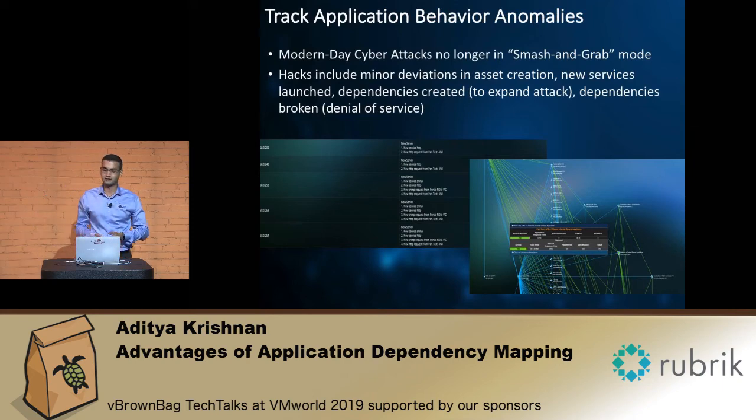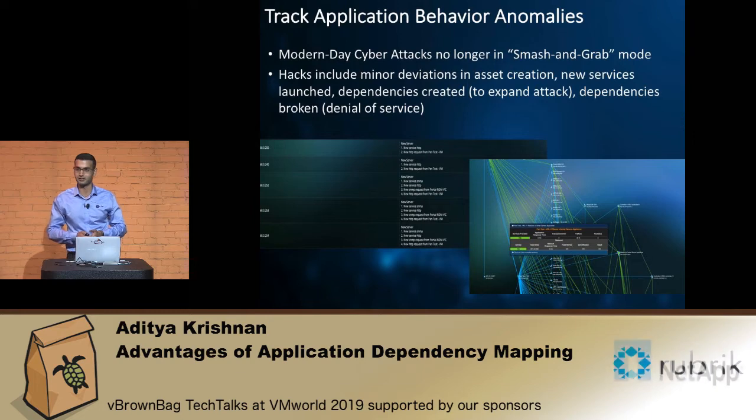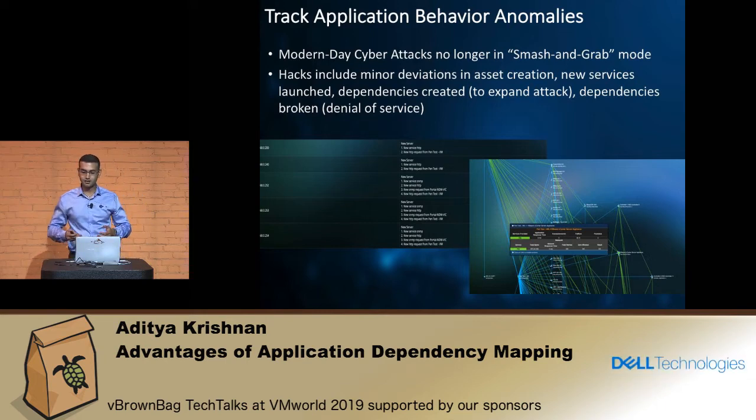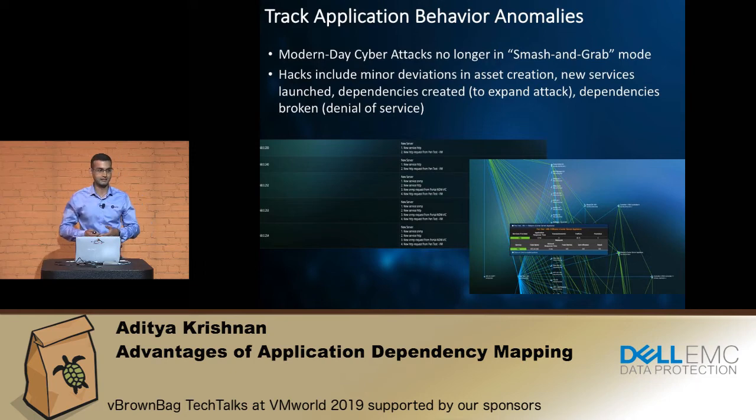On the same lines, tracking application behavior anomalies is absolutely critical. As I already mentioned, most of the cyber attacks in this day and age are not smash and grab and are more on the stealth side of things.